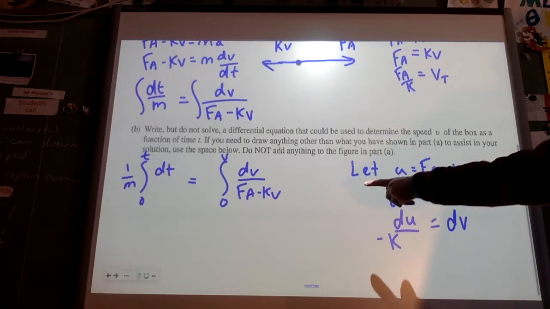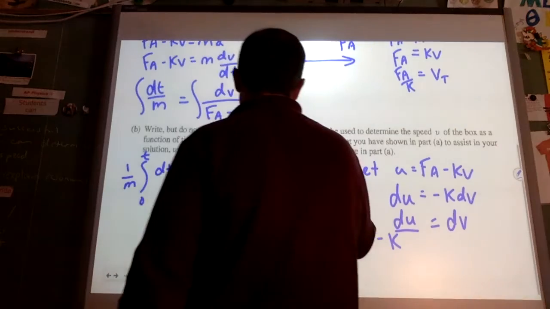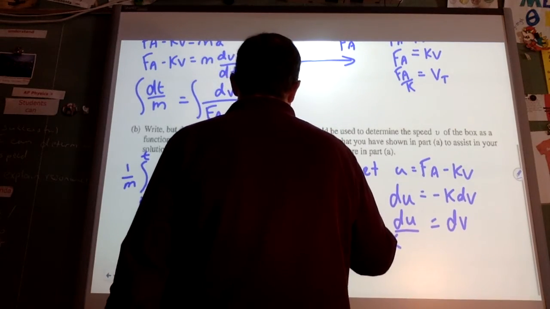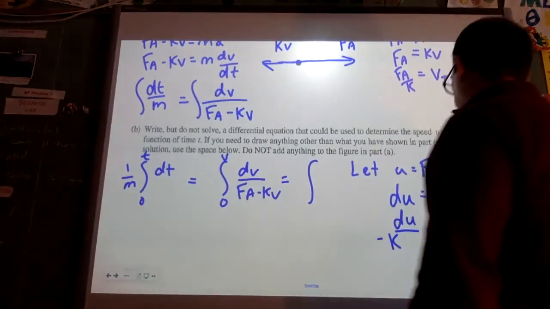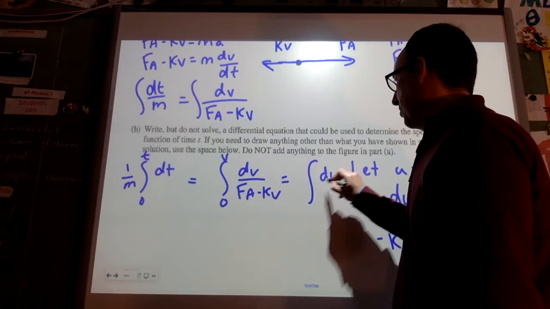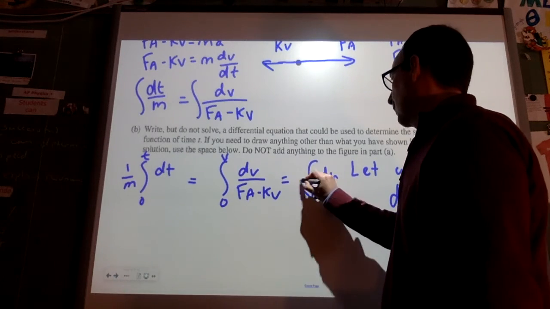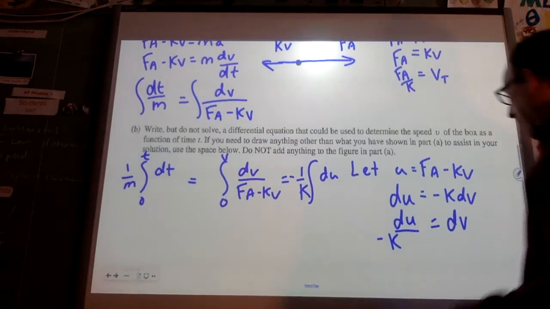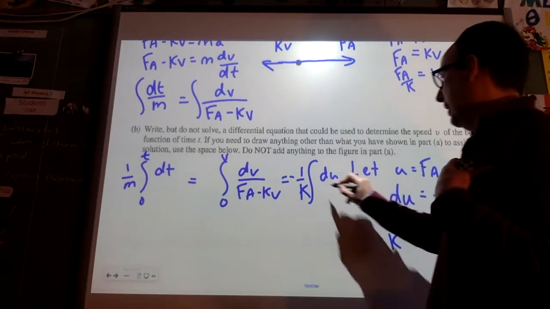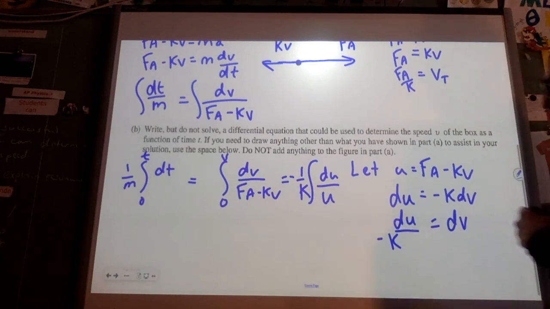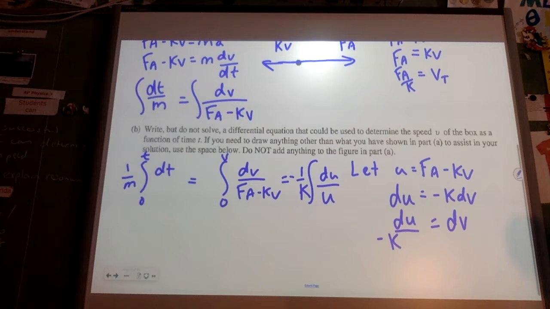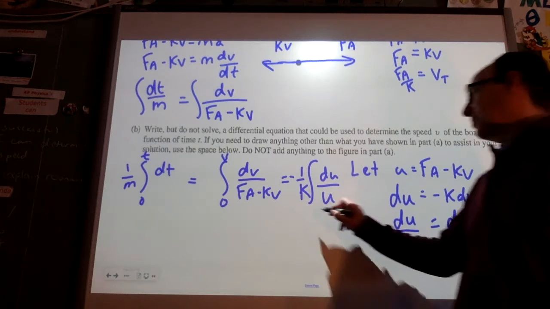So when I substitute this back in, I'm going to get the integral of du. I can take the negative K out front, and I have du over u from 0 to v.